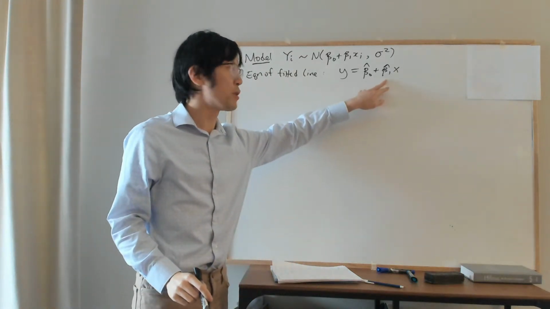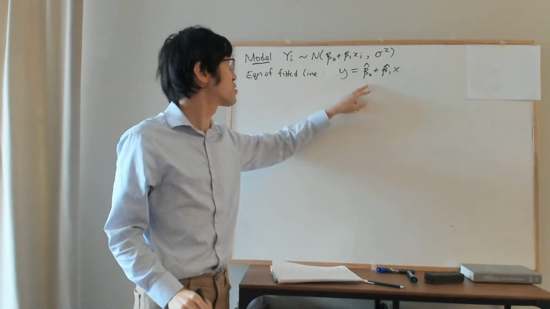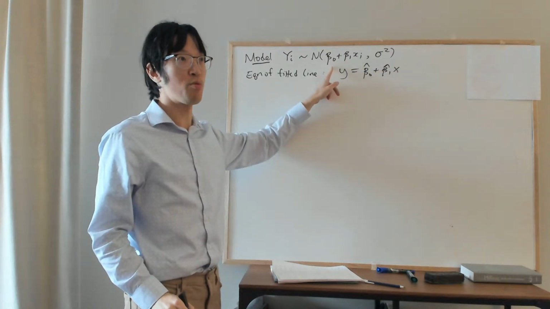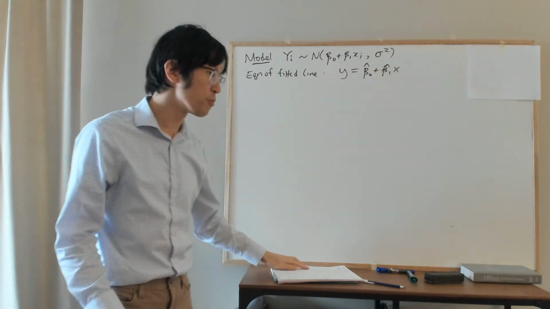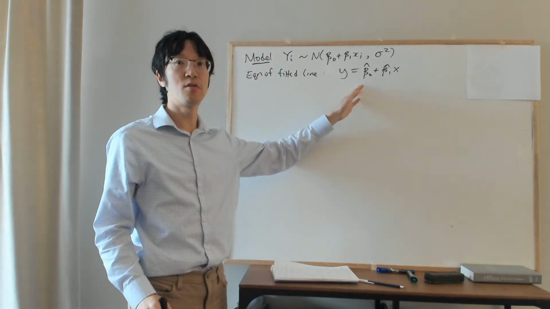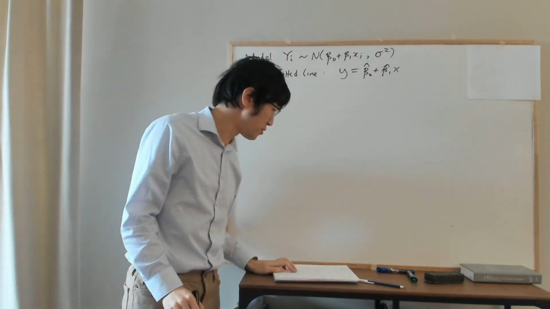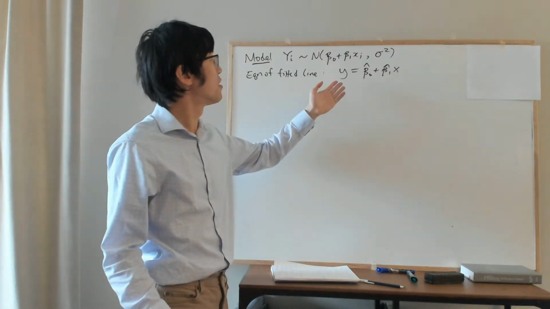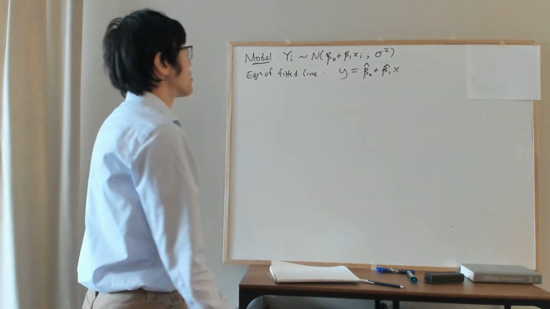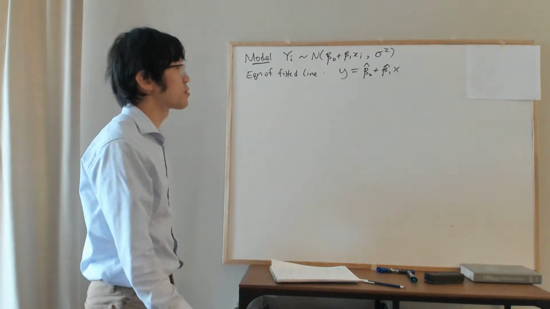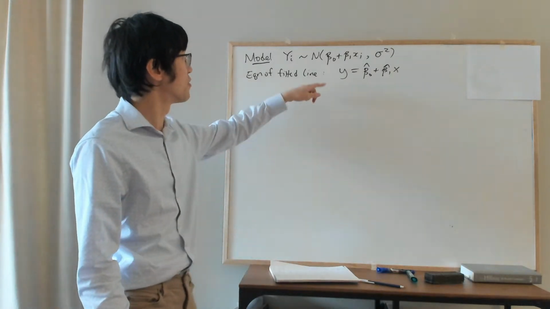So these are the estimates of these unknown parameters, beta 0 and beta 1, computed from the data. And last time we explained how to get those estimates based on n observations, xi, yi.